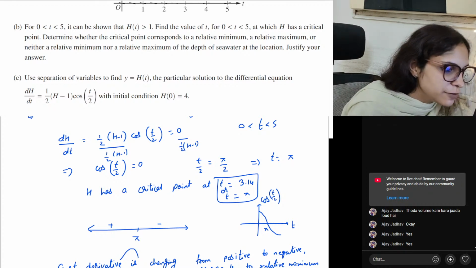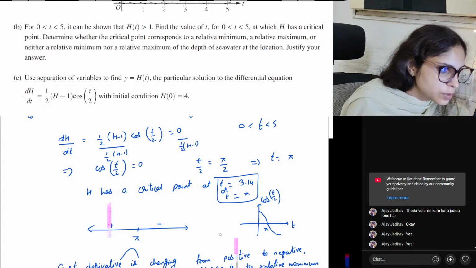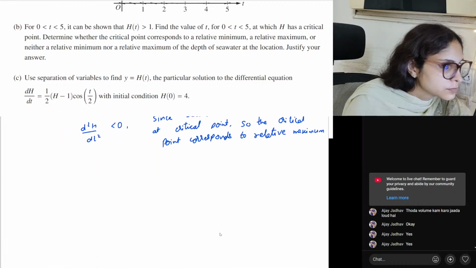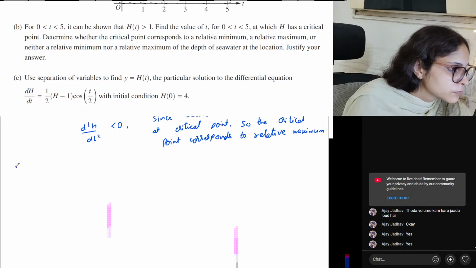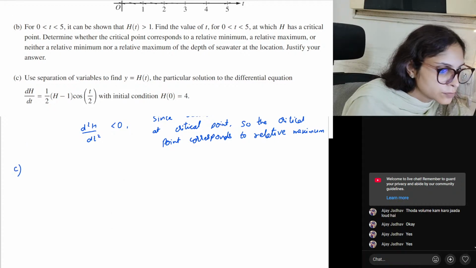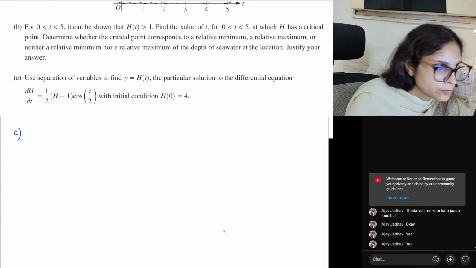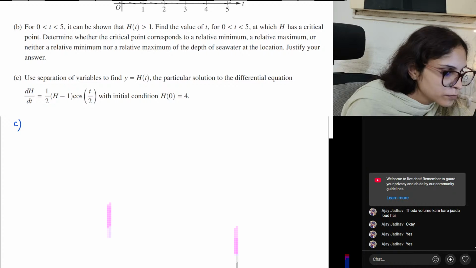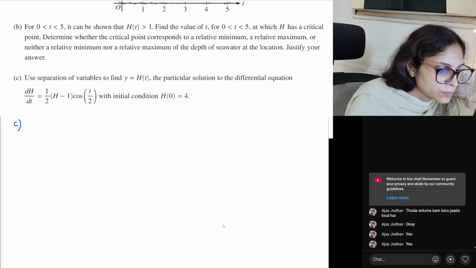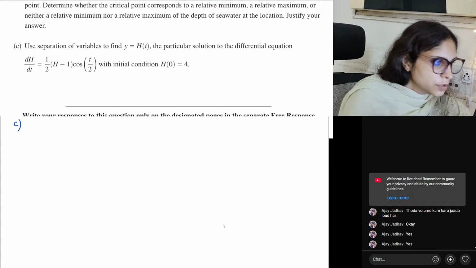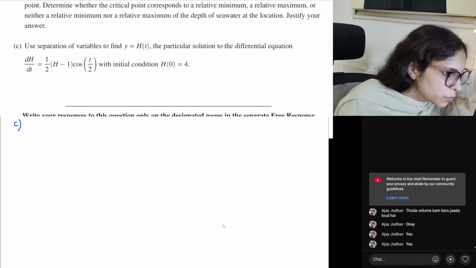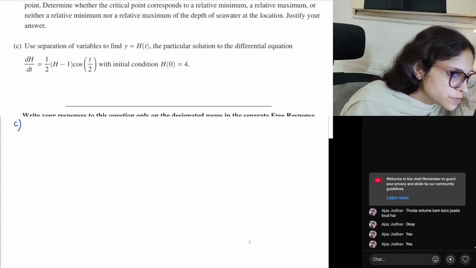Now in part C, we have to use separation of variables. So let's do that. Use separation of variables to find y equal to h of t, the particular solution to the differential equation with the initial condition h of 0 equal to 4.